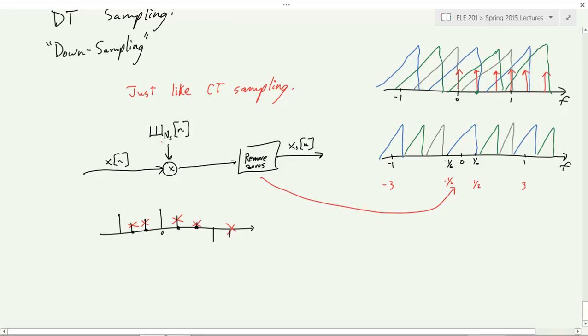But what if you wanted to do a factor of 2.5 fewer samples? You wanted to take new samples that effectively are between the old samples. Okay, that can be done. The way it's done is you first upsample and then you downsample. So if it's any rational number, you can write it as a ratio, which will tell you what factor you should upsample first and then downsample to the new rate that you wanted.